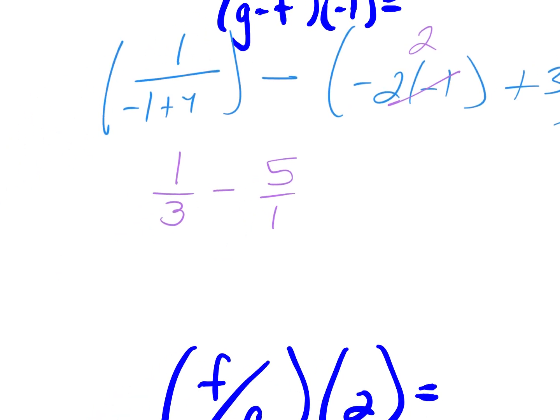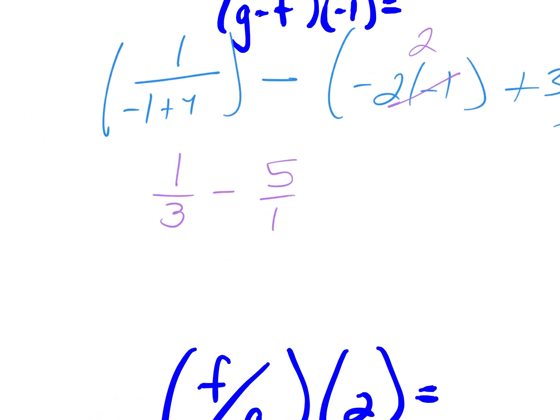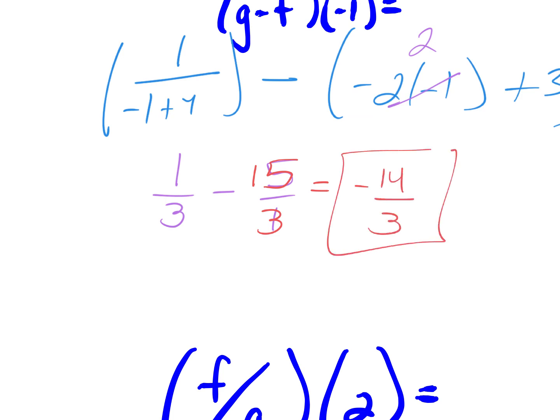If I have two fractions, I have to have a common denominator. So what is my common denominator between 3 and 1? 3. This is going to become 15 over 3. And then when I simplify, what's 1 minus 15? Negative 14 over 3. Good.